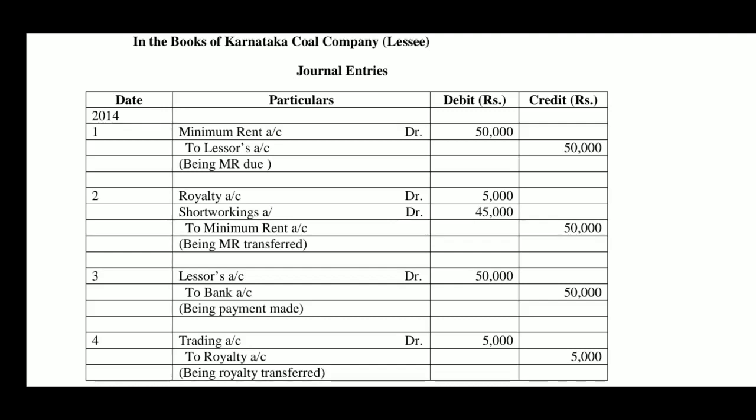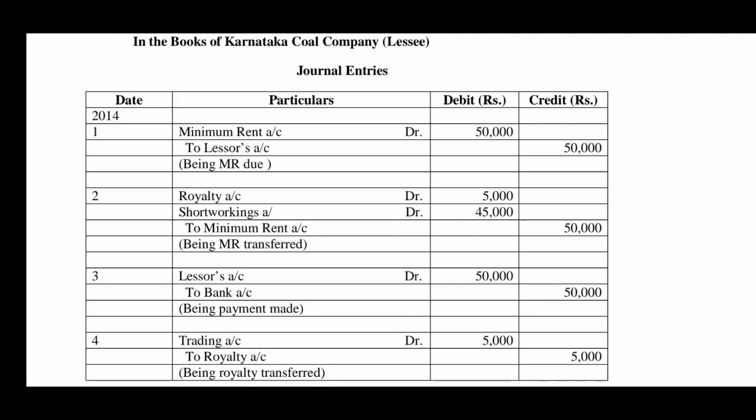Lastly, at the end of the year, royalty is transferred. See the first entry, minimum rent account debtor to lessor's account, rupees 50,000. Since 50,000 is the minimum rent, that is more than the royalty, that is payable, being minimum rent due.